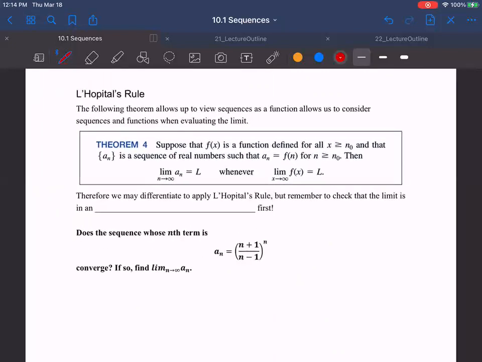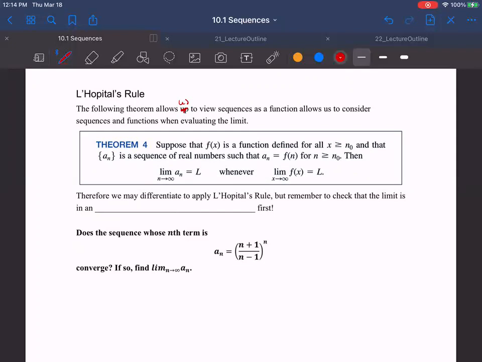The following theorem allows us to view sequences as functions, allowing us to consider sequences and functions when evaluating the limit.